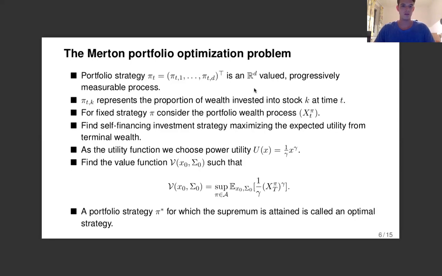And we now want to find the value function depending on the initial wealth, such that the value function is the supremum over all admissible strategies pi of the conditional expected value of the utility of the terminal wealth. The strategy pi star for which this supremum is attained is then called the optimal strategy.